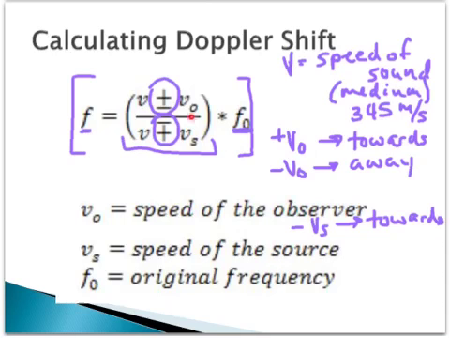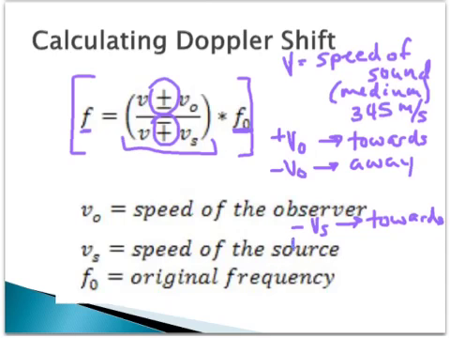So what's going to happen mathematically, if you have a minus here, V minus Vs will give you a smaller number. And a smaller number in the denominator will produce a greater factor in which you're multiplying F0, I'm sorry. The minus can be shown mathematically, and hopefully that makes sense to you. The minus will create a smaller denominator, which will make a larger factor, which will give you a larger observed frequency.